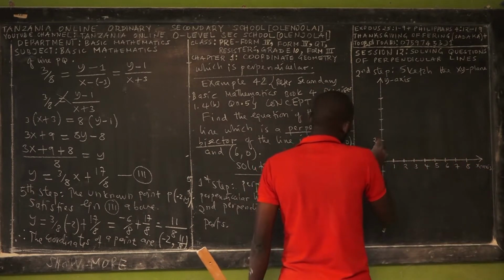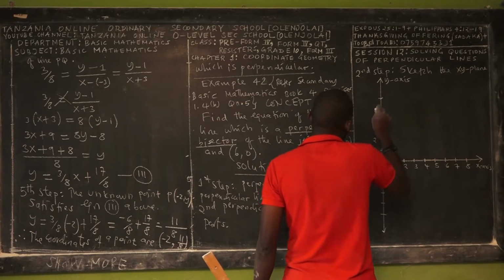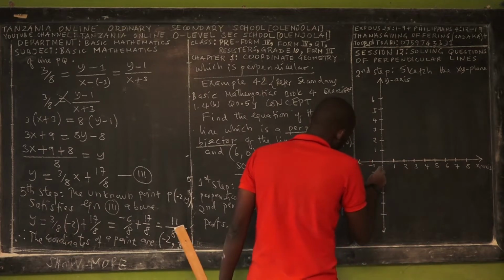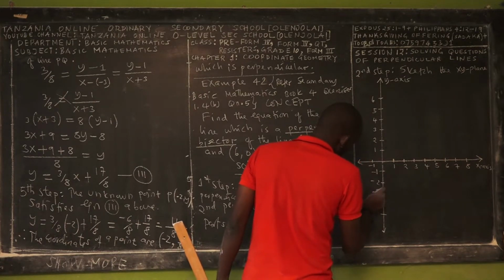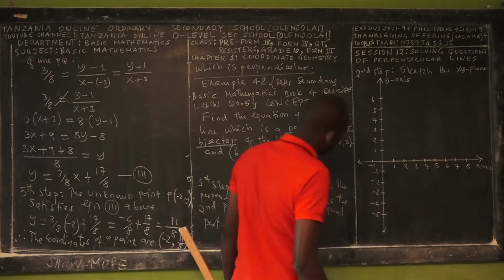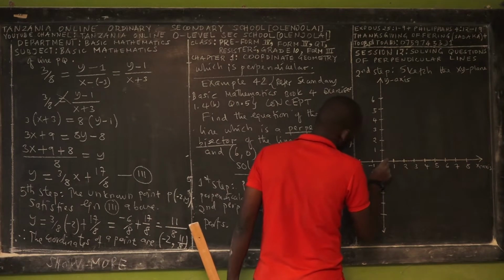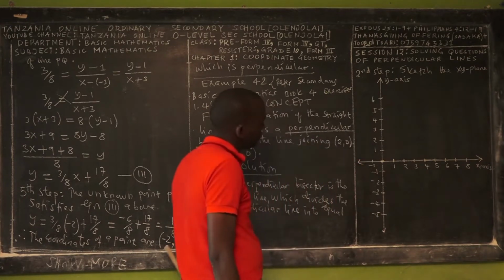So this is 1, 2, 3, 4, 5, 6. This is -1, -2, -3, -4, -5. And this is the origin, (0, 0).